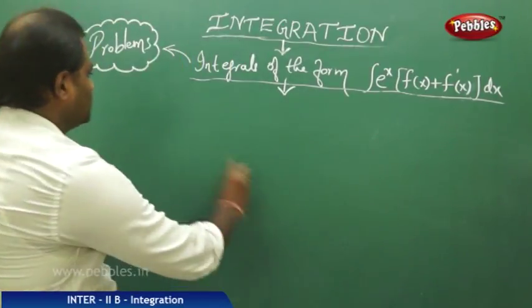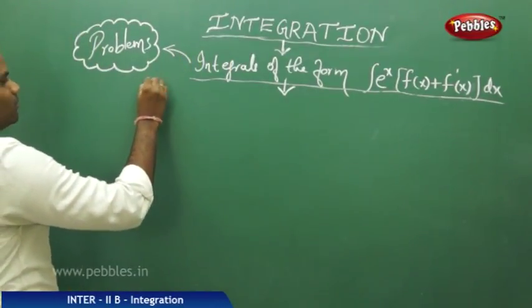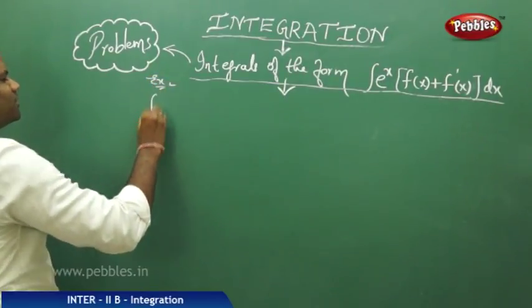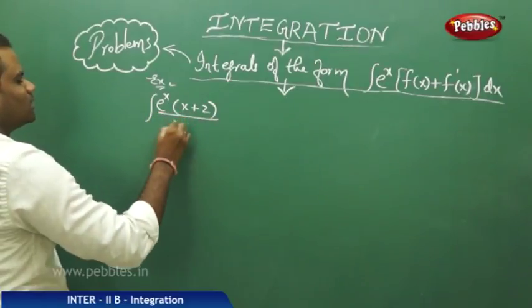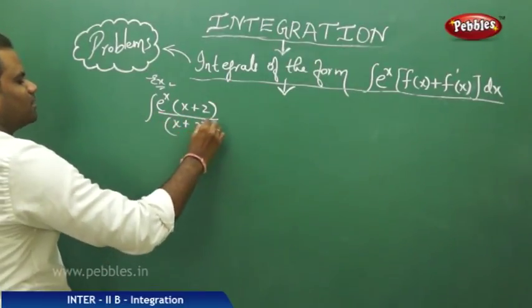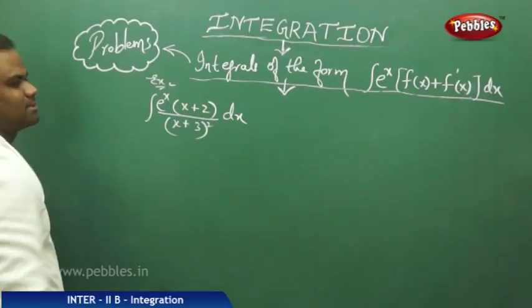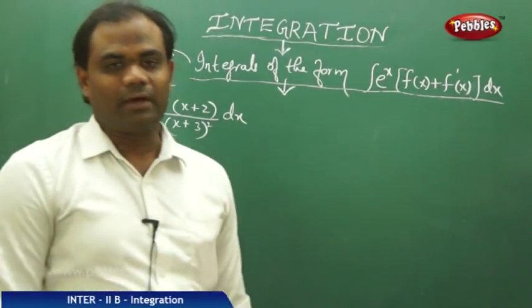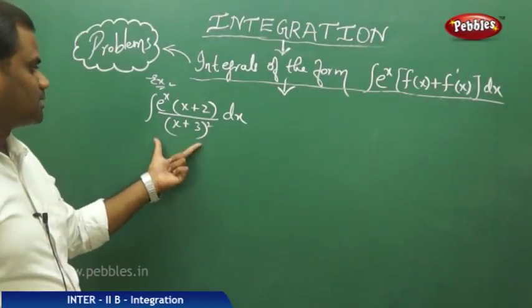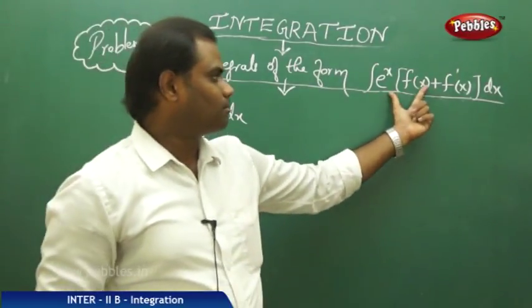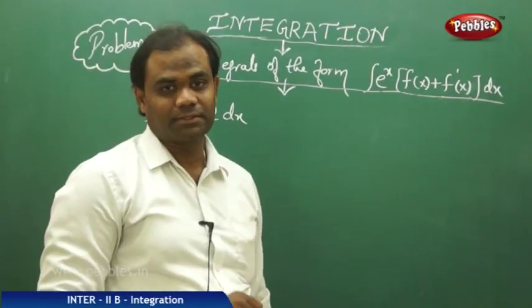For example, I have to evaluate integral of e power x times x plus 2 by x plus 3 whole square dx. Now let's see if I can use this exclusive formula in integrating this when this is converted into the form f of x plus f dash x.